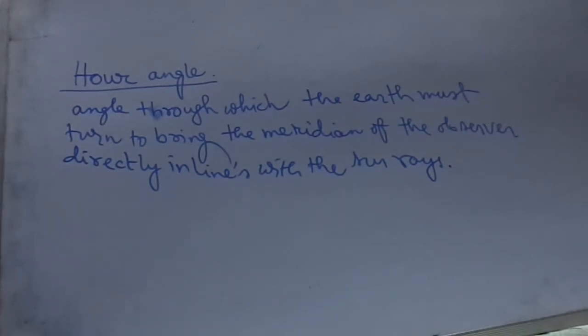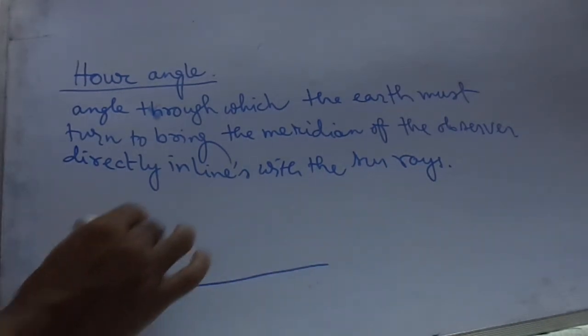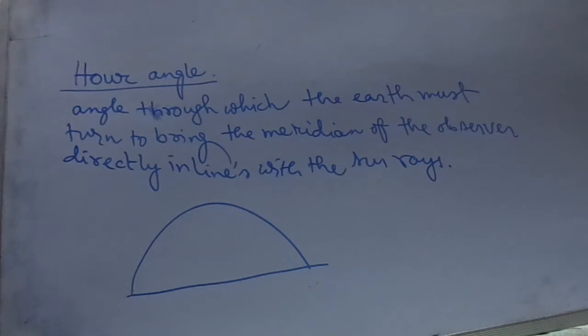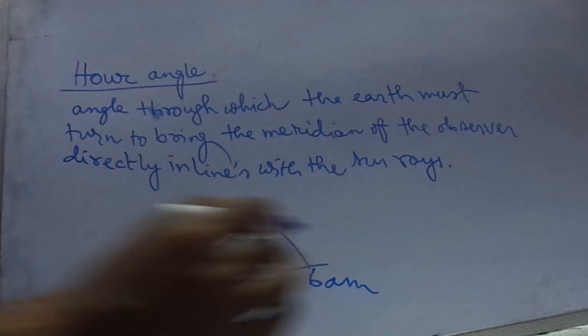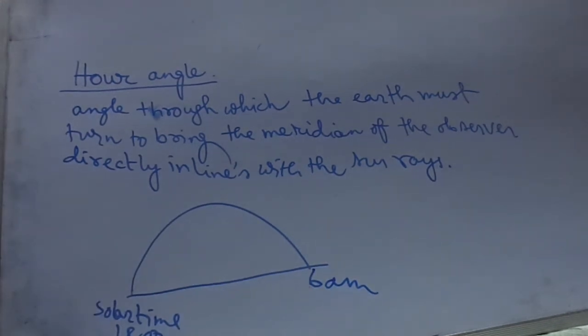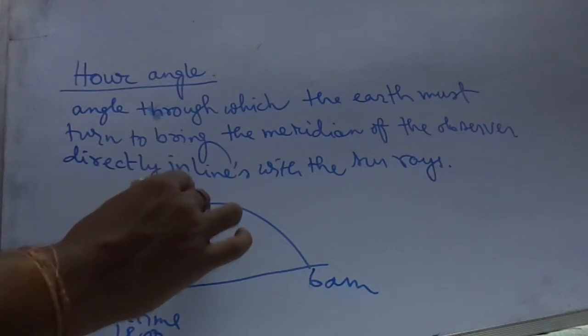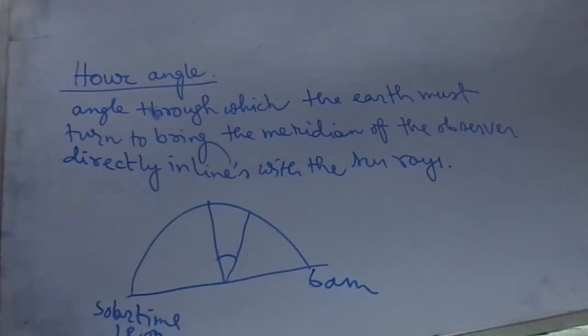Another thing, if you draw the diagram, suppose this is the horizontal line. This is the solar time. 18.00 means 6 evening, 6 p.m., and that is 6 a.m. This is omega equal to minus 45 degree.